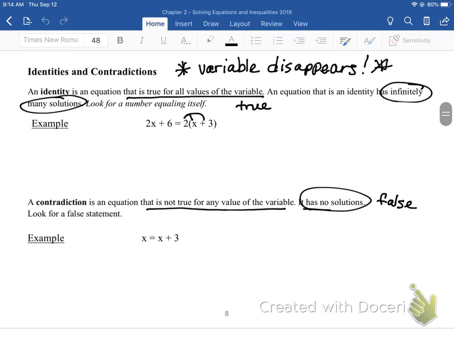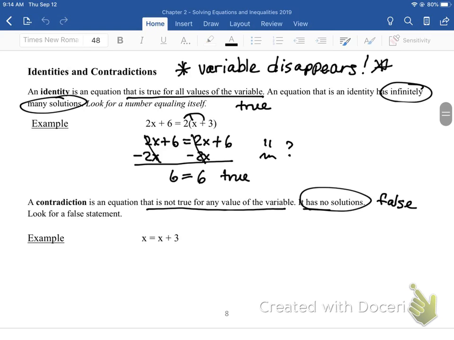So in an identity, you distribute, and you try to move the variables to one side, and you notice that they cancel out completely. What happened? Nothing. You did it right. You get something like 6 equals 6, which is true. All right, when that happens, you write, there's infinitely many solutions.